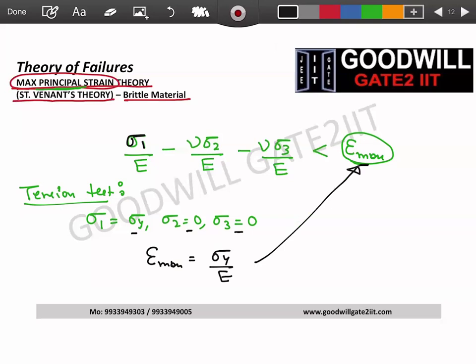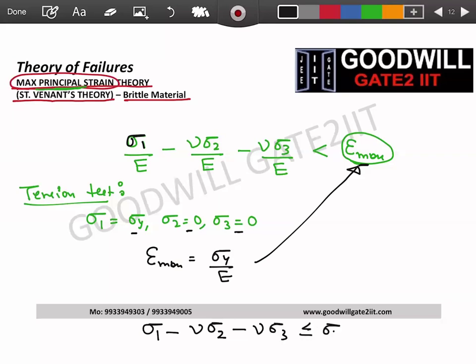Maybe I'm going a bit fast, but I'm assuming that I'm repeating this again and again. So if you substitute this sigma y by E in place of strain, E and E got cancelled out. And the expression which you will find in books is something like this. Sigma 1 minus nu into sigma 2 minus nu into sigma 3 less than equals to sigma y.